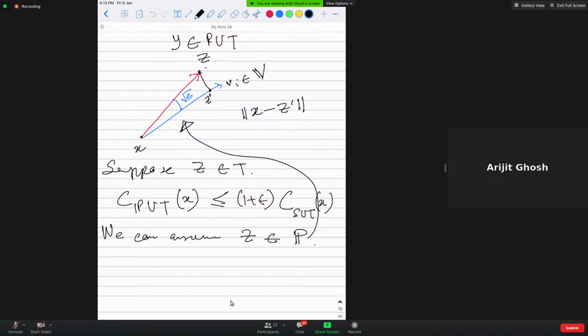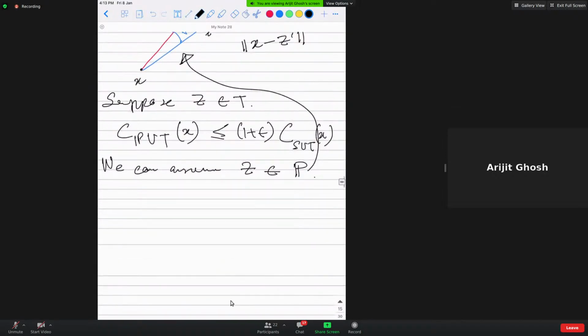Because for each Vi, I had two vectors in S. One that makes the largest dot product with Vi and one that makes the smallest dot product with Vi. The one that makes the largest dot product, the length of its projection will be more on vector Vi, right? It's okay?